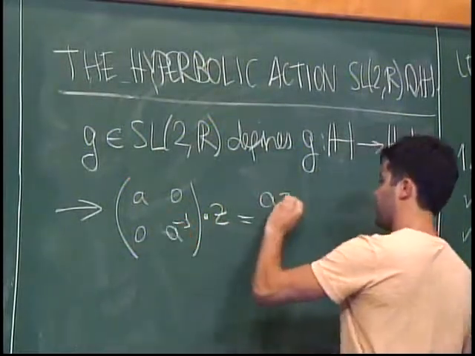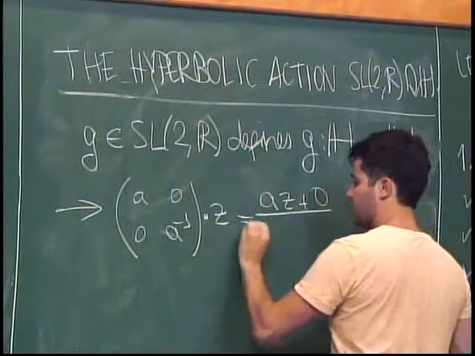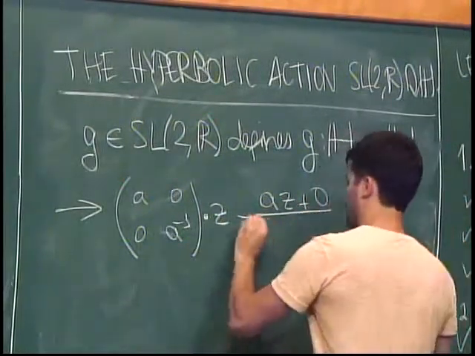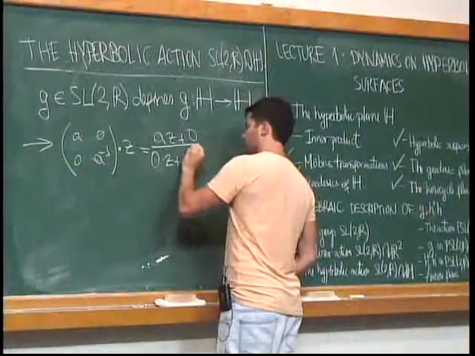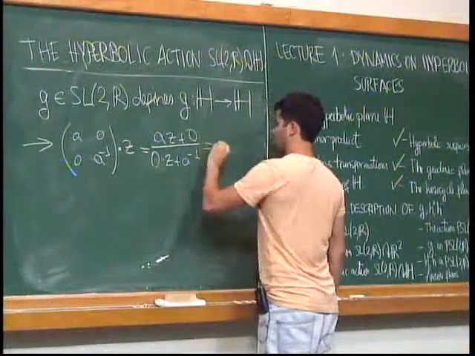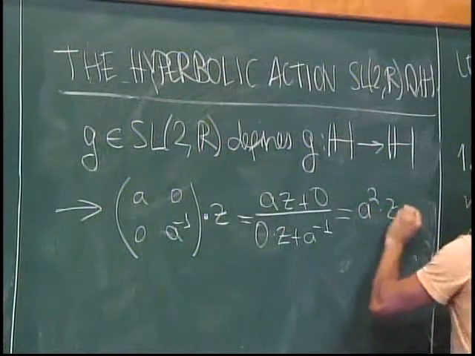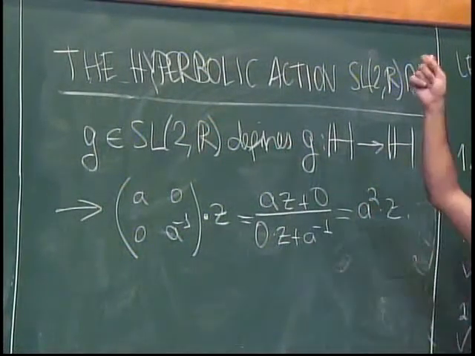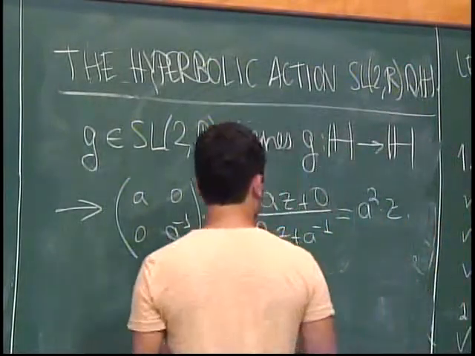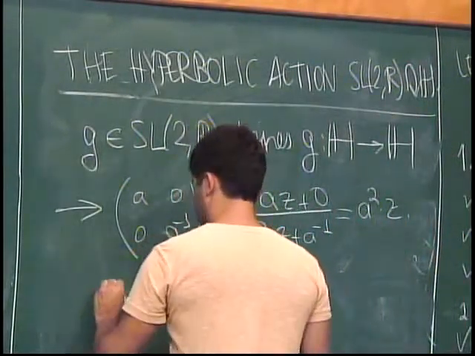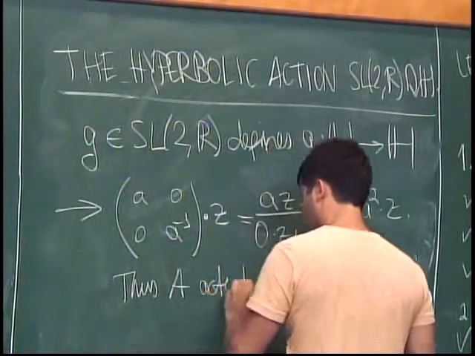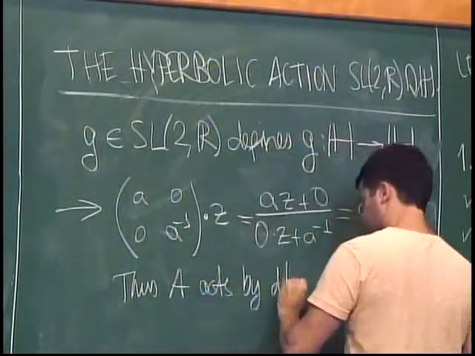You get AZ plus 0, over 0 times Z plus A minus 1. So this gives you A squared Z. So it acts by dilation. It just expands the radius, the length of the vector. So thus A acts by dilation.